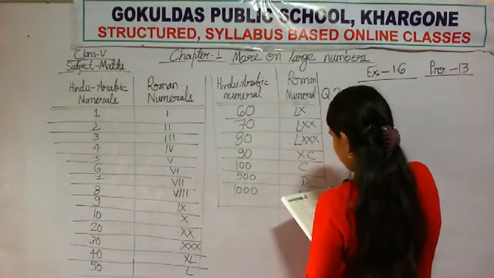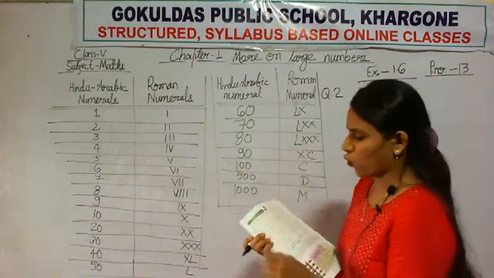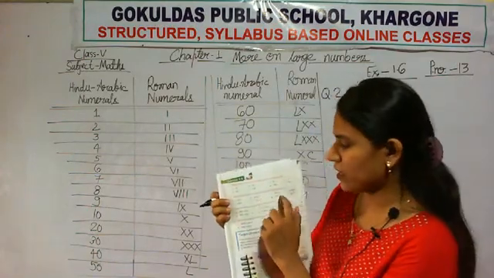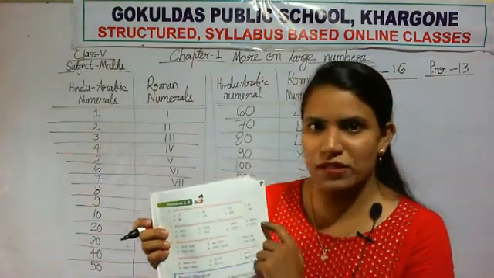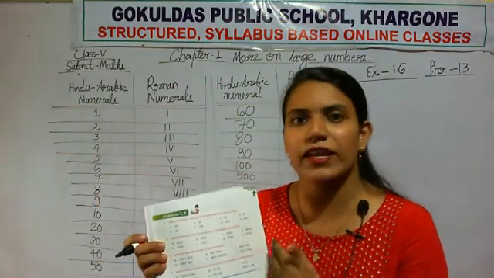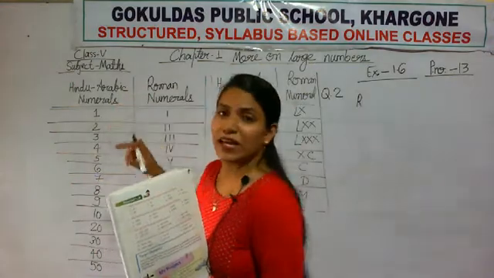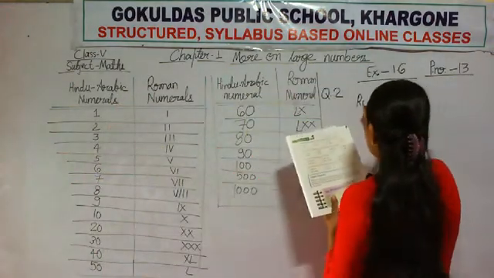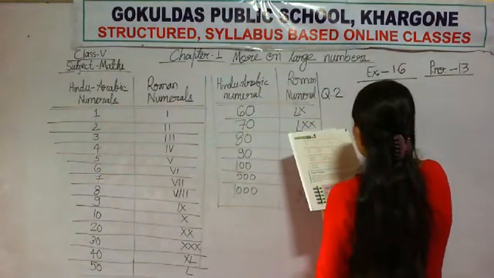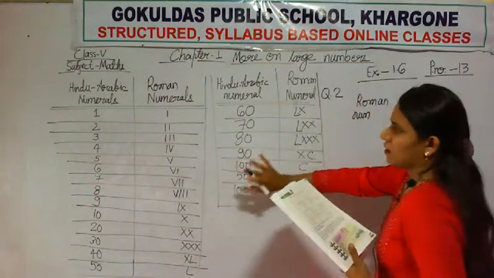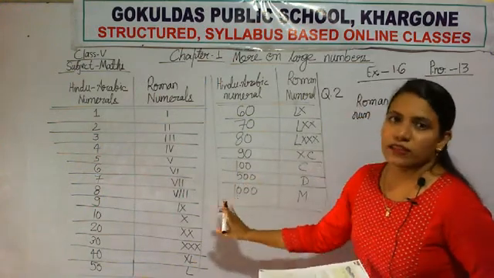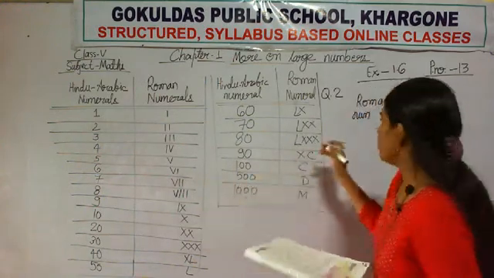Let's write. You see that Roman numerals are given. These are Roman symbols, and for these Roman numerals you want to write the Hindu-Arabic numerals. So I am writing here Roman numeral. I have already drawn this table for the hint.